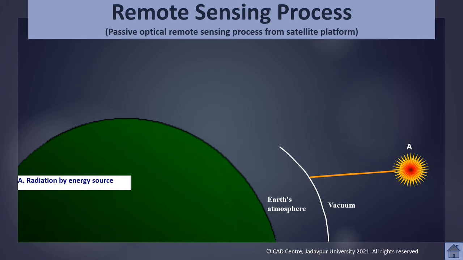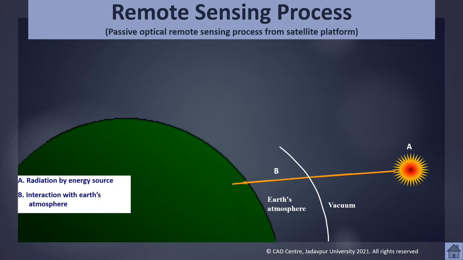Then this energy will hit the Earth's atmosphere, and the energy will propagate through the Earth's atmosphere. Now, when the energy propagates through the Earth's atmosphere, different types of interactions take place. Then the energy hits the Earth's surface, and then also different types of interactions take place. We shall discuss these interactions later.